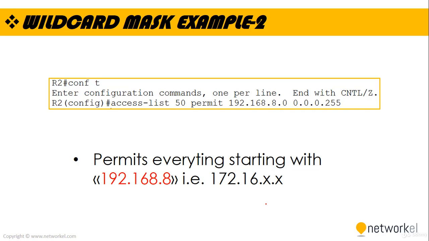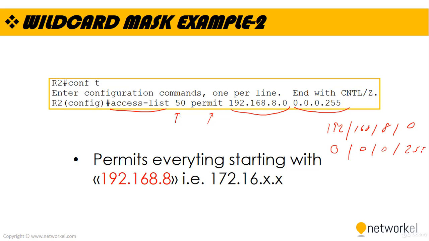Let's go ahead with wildcard mask example 2, and we have another configuration: access-list 50, permit, this time 192.168.8.0 with a wildcard mask of 0.0.0.255, which means here is the network and here is the wildcard mask, which means we need to focus on the first 3 portions and we don't care about the last portion because we have continuous ones here.